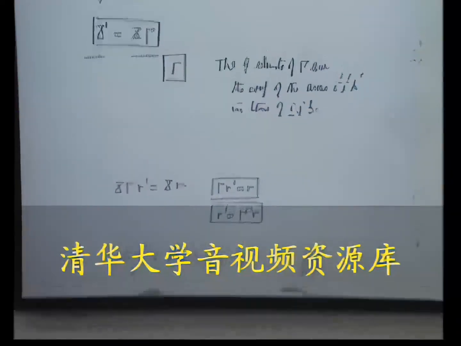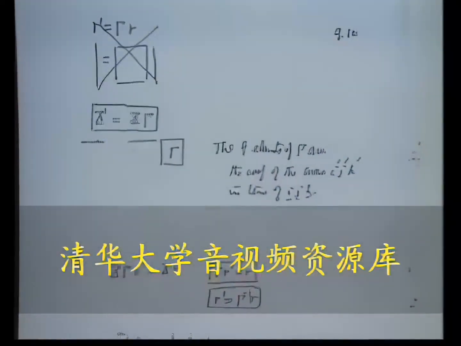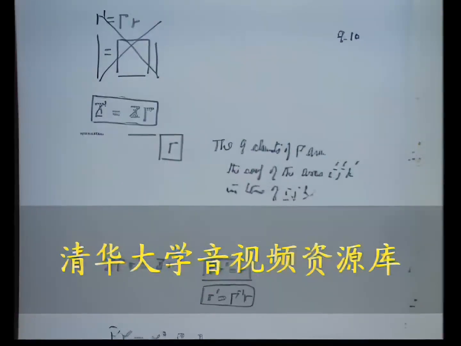But after you multiply, otherwise there's no restriction, and the result of this has the height of this one and the width of this one.